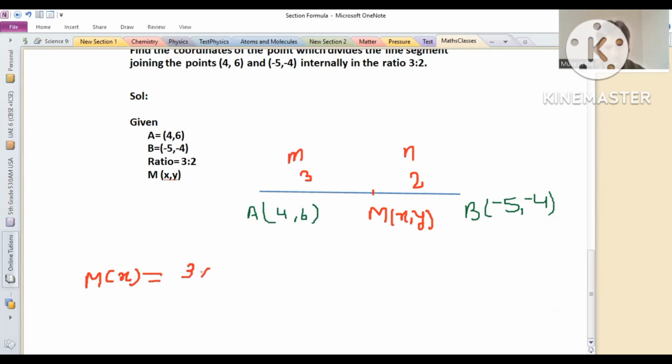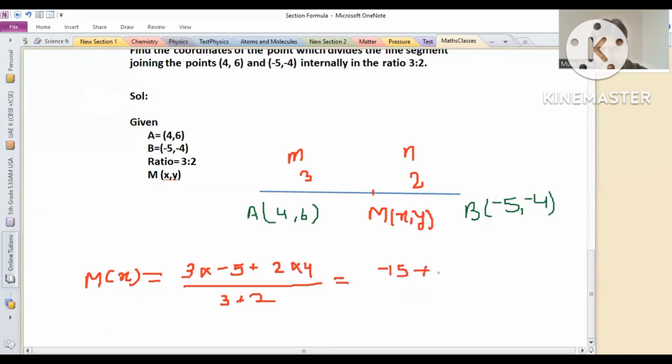So 3 multiplied by x2, x2 is -5, plus we have n, that is 2, and x1, that is 4, upon 3 plus 2. I'm just writing it down, 3 plus 2, and hence after solving this we will get 5 3s are 15 in negative form, -15 plus 8 and upon 5.